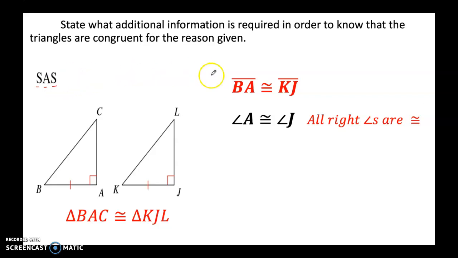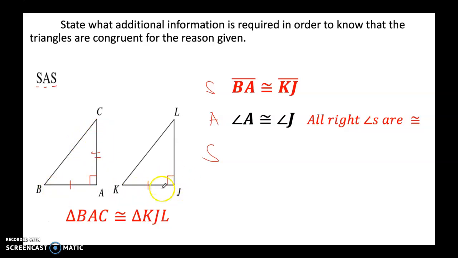Next, so we have the side, angle. So the missing information is the other side. To know what side we need, the angle should be included. So to make angle A included in triangle BAC, we need segment CA.